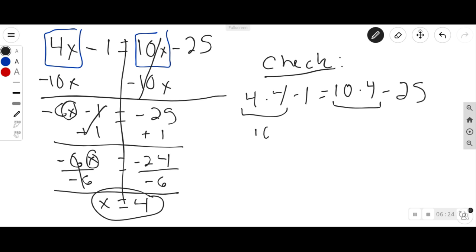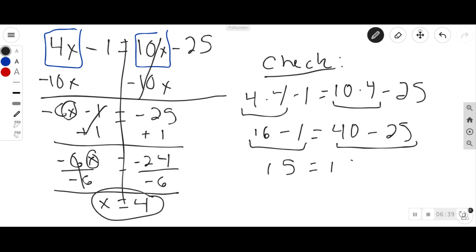So that gives us 16 minus 1. That gives us 40 minus 25. 16 minus 1 is 15. 40 minus 25 is also 15. So it checks. So our 4 is our answer and our solution.